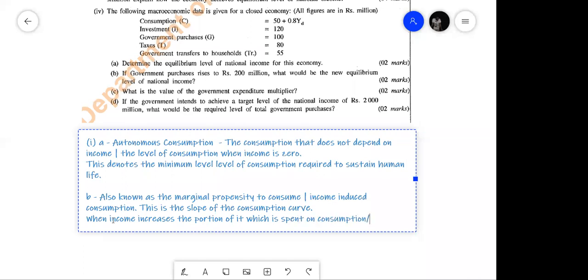For example, if you want, you can put in an equation also here. So for MPC you can write the equation.